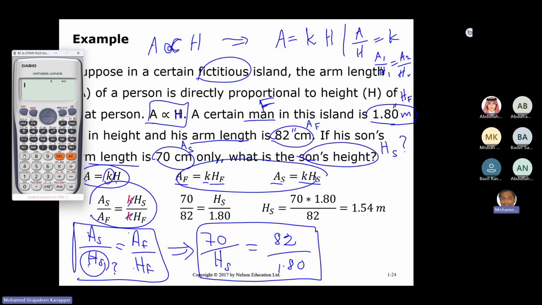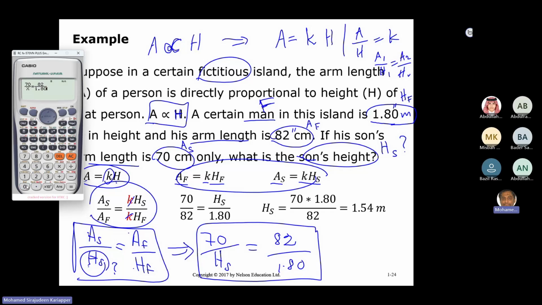So I will put this fraction 70, come down, divide by HS. This is the only unknown in this equation, call it X, alpha X. Then bring it up, equal sign, alpha calc, that's equal.